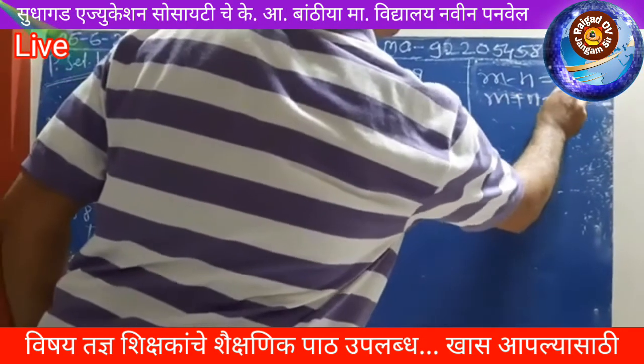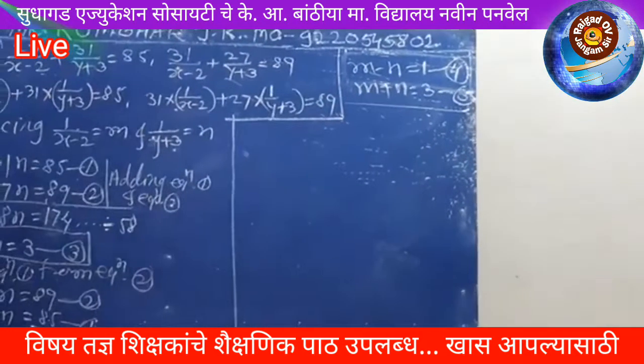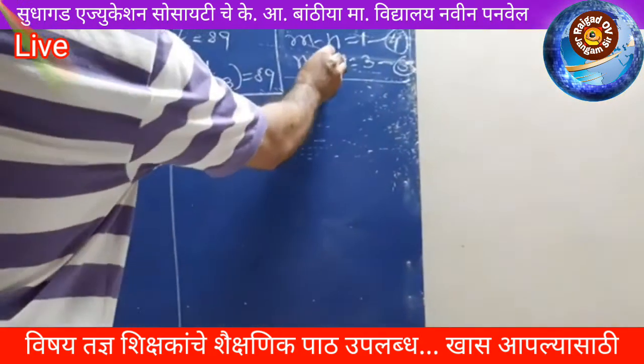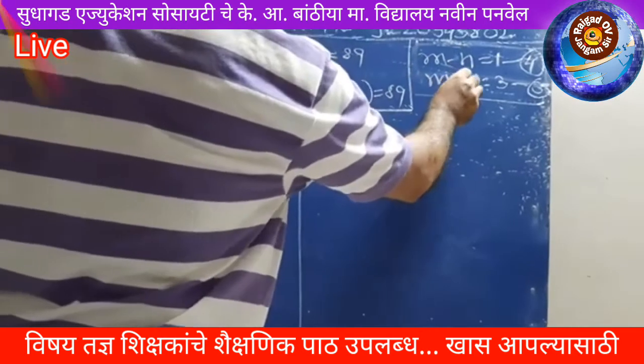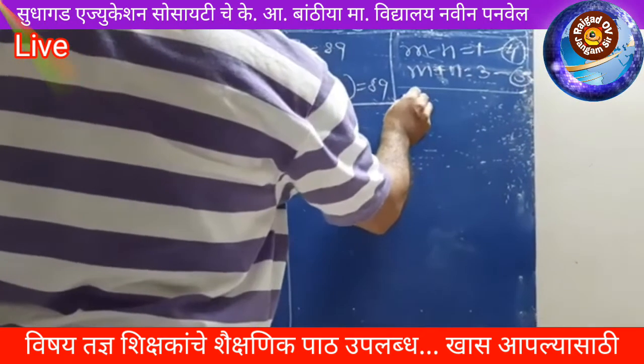m plus n is equal to 3 is our third equation. Here the coefficient of n is 1 but the signs are opposite, means we can add equations 3 and 4.